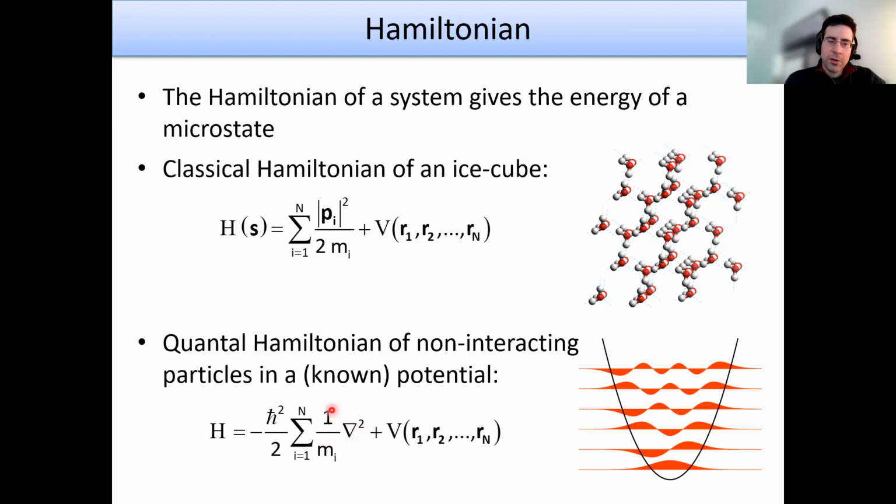So this is the operator here. And of course, the known potential. The interaction is now between each particle and the potential. We said that we have non-interacting particles in this case.